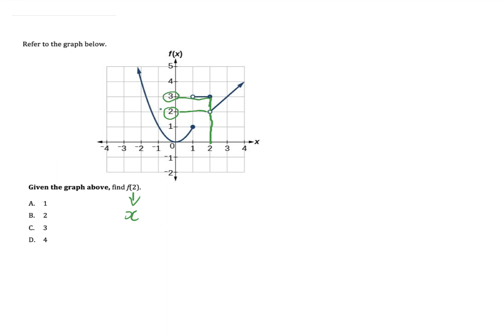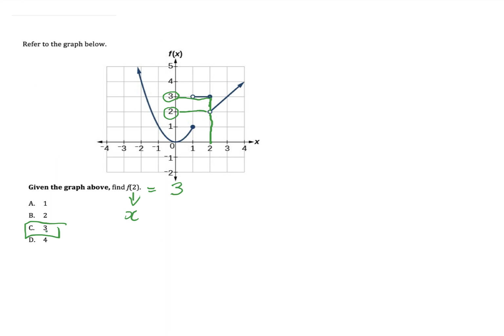So you're like, is my answer 2 or is it 3? Remember from inequalities, when the circle is open, you cannot use the value. But if the circle is closed, you can use the value. Therefore, f of 2 has a value of 3. So C is the answer.